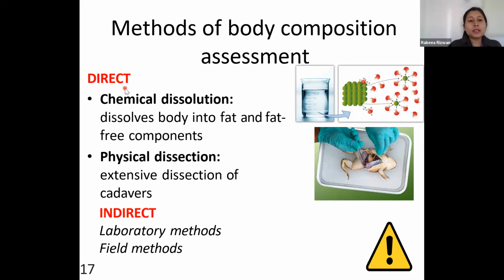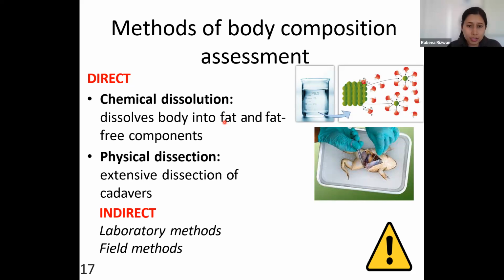However, the direct method is by means of introducing a chemical into the body that splits it into its microscopic composition, the fat and fat-free components. For example, see this picture. If we use the general term dissolution in English, it means that when a solute like a gas or any particle is dissolved in a solvent, it splits into small particles.